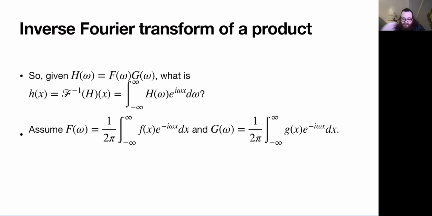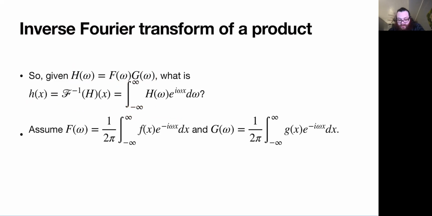Written explicitly, if we have this product of Fourier transforms and we want to take the inverse Fourier transform, we're going to call that function little h of x, the inverse Fourier transform of capital H. This is by definition what that inverse transform is. So our question is, can this take a slightly nicer form?